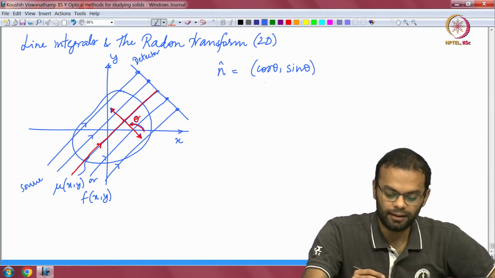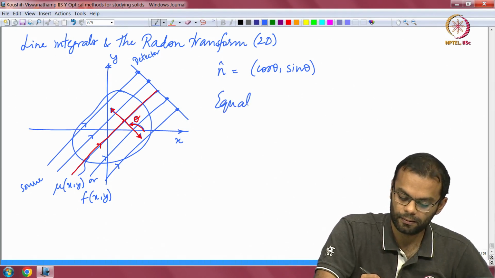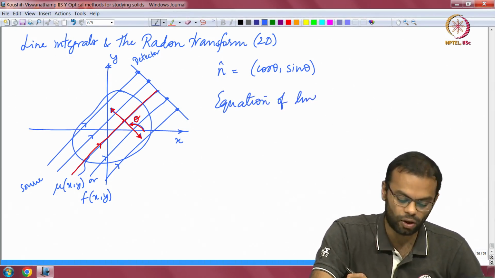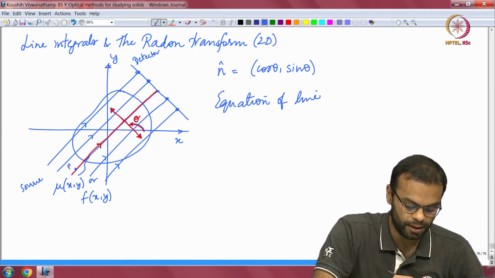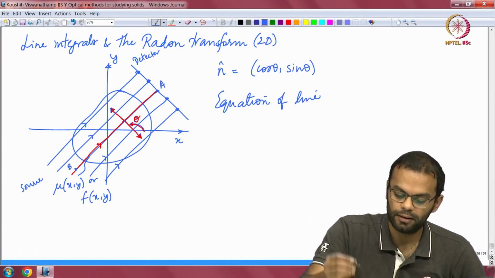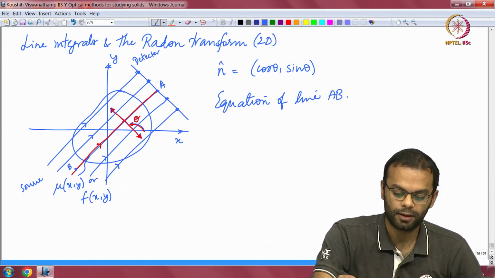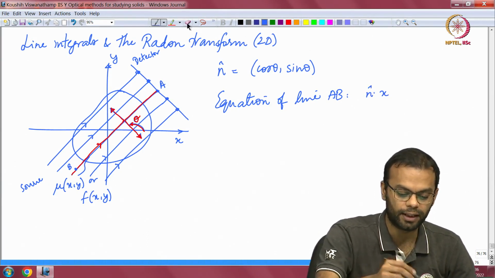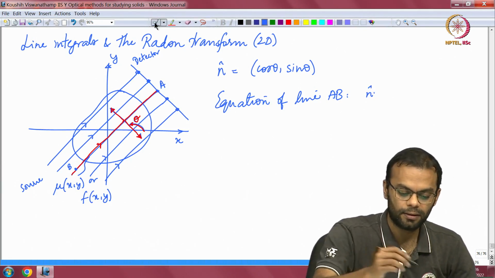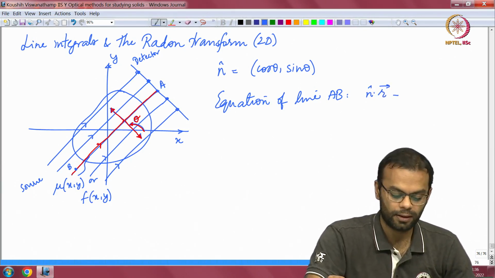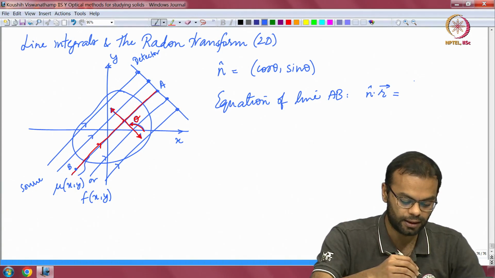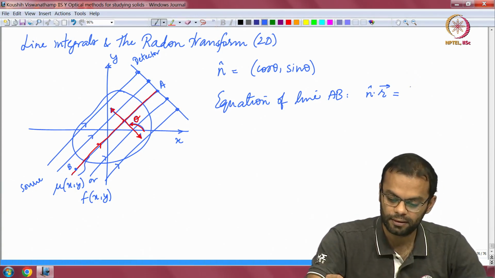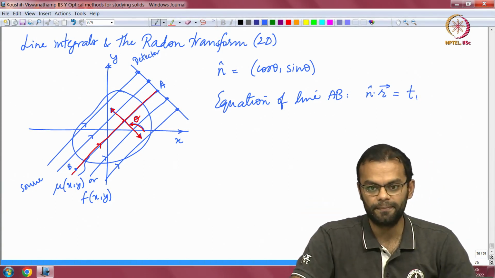Now, the equation of the line, the red line, let us give it a name, this is B and this is A. The equation of line AB is what, it is n hat dot r bar is equal to some constant, and that constant we are going to call T1, okay, some constant T1.